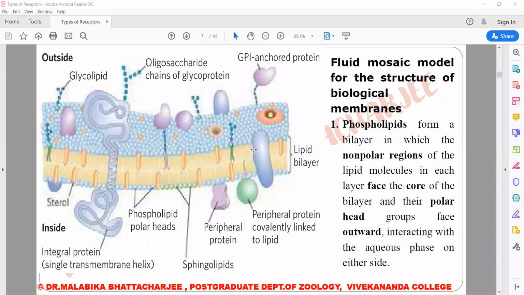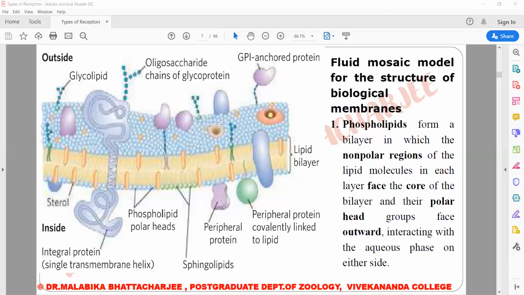The individual lipid and protein units in a membrane form a fluid mosaic. So it's not a definite pattern, it's a mosaic pattern. Further, the membrane mosaic is fluid because most of the molecules interact among themselves via non-covalent interactions. So all the interactions mainly found here are non-covalent, as you can assume, so they are reversible.